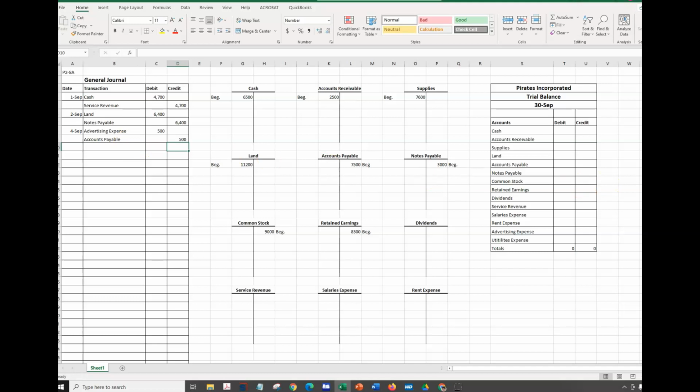September 8th, provide services to customers on account. There's that term, on account. That means we didn't get cash, but the customer owes us. If the customer owes us, it's an accounts receivable. Accounts receivable is an asset, and we want to increase accounts receivable, so we will debit it. So 9/8, we're going to debit accounts receivable.